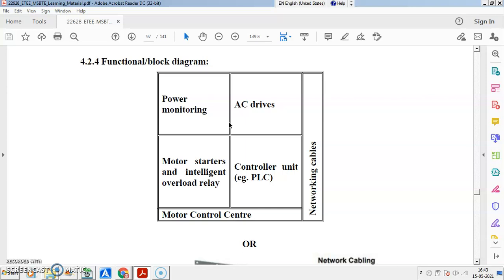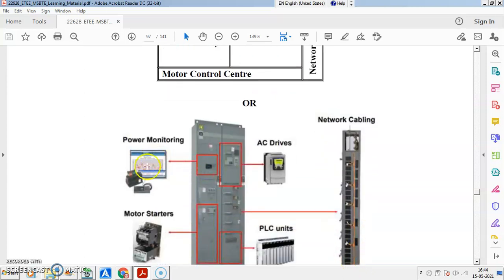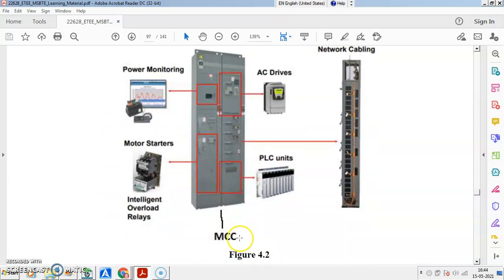Drives can be monitored to change the speed, control the speed. Starters can be managed with intelligent overload relay instead of thermal overload relay, besides protection against overload. You may have control units, you may have interfacing cables, you may have networking cables. Okay, so these are the things. This is a power monitoring unit, and this is the motor control unit.